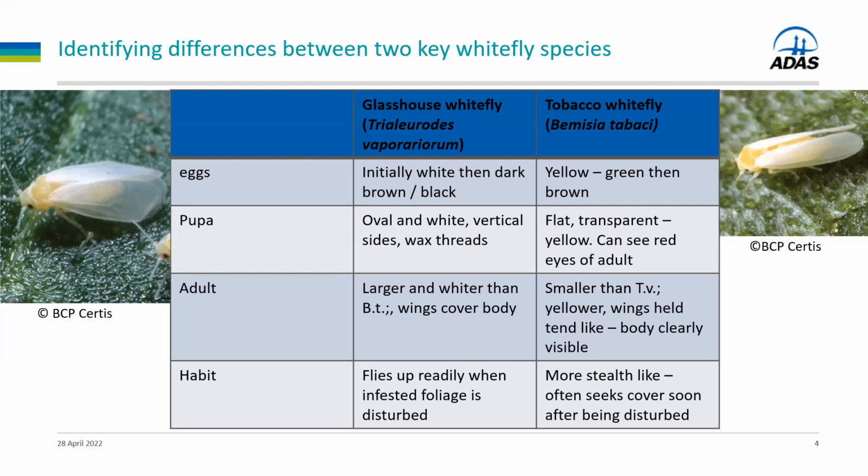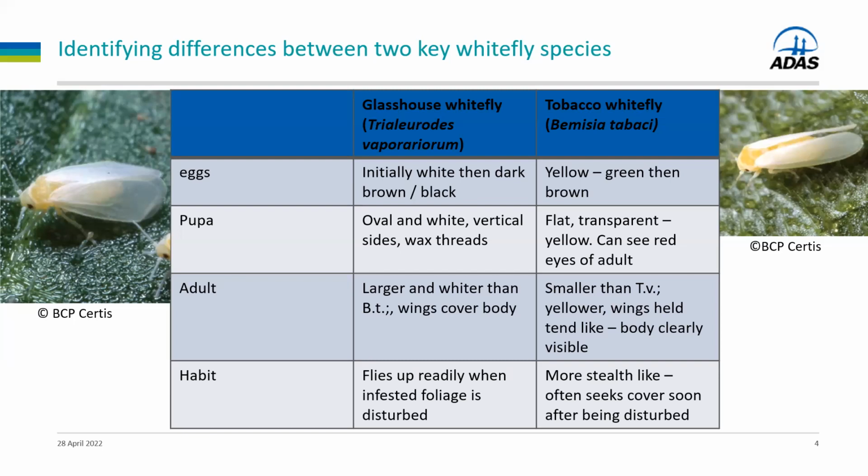It doesn't seem to fly up into the air to the same extent as glasshouse whitefly. When it's disturbed, it seems keen to seek cover, and maybe that's partly because there are fewer of them when you're disturbing them, but that's just a tip that might help you. So hopefully that's a useful slide for people to refer back to if they relook at this presentation in future.